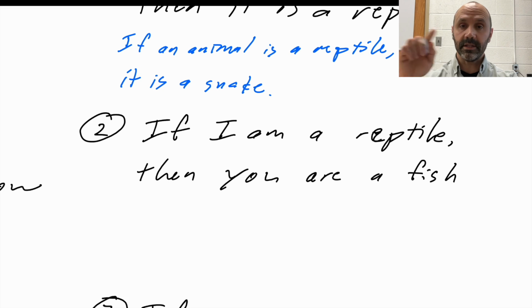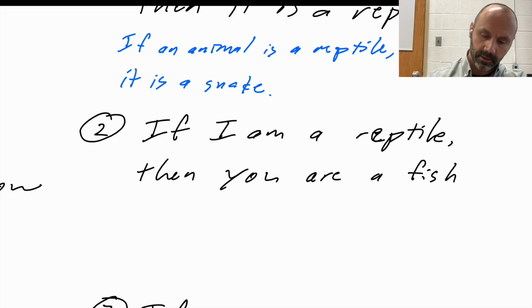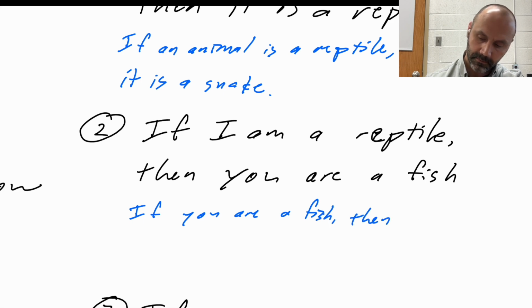Anyway, the conditional as a whole, though, is considered true because both statements are false. If the hypothesis is false, the whole statement is considered true. Again, counterintuitive, but again, there's no promise to deliver on. The converse is this: if you are a fish, then I am a reptile.